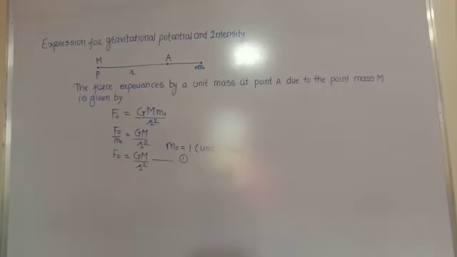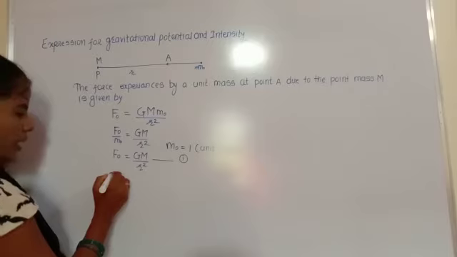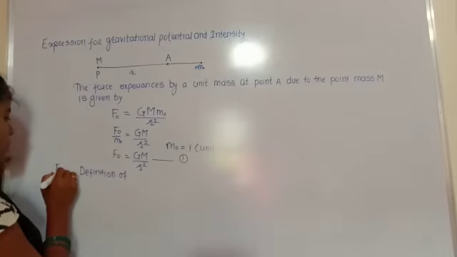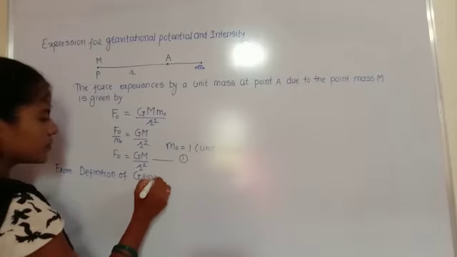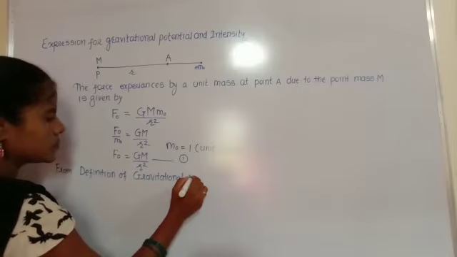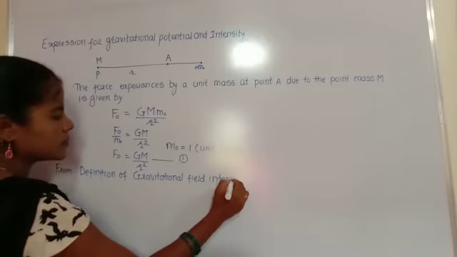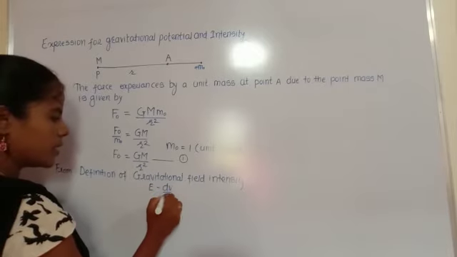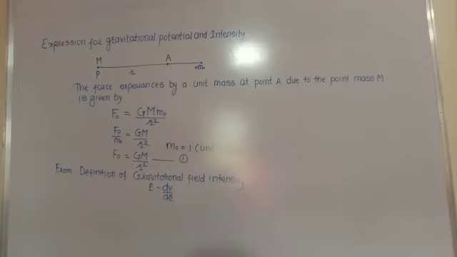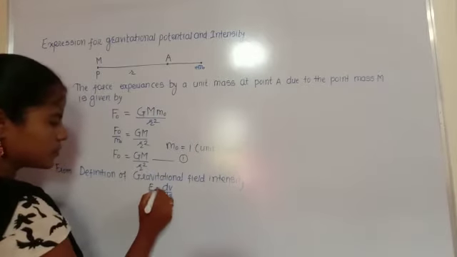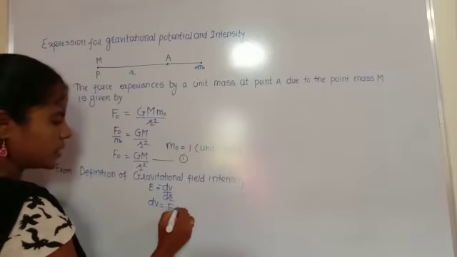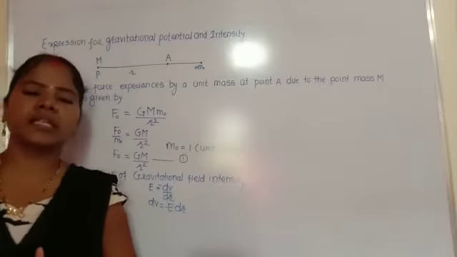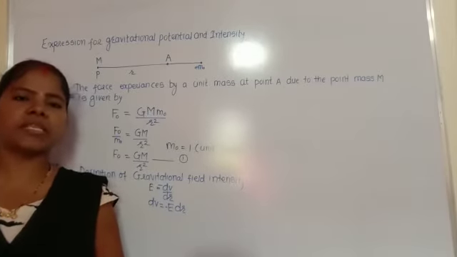So from the definition of gravitational field intensity, which we derived in the previous section, E is equal to minus dV by dr. So we can write dV is equal to minus E into dr. But we know that according to the definition, E is nothing but the force per unit mass, that means F by m.